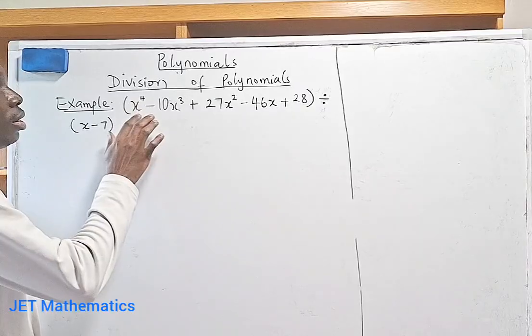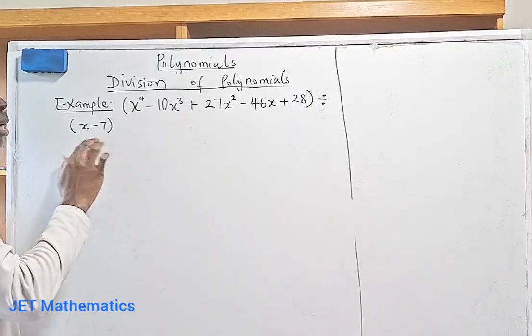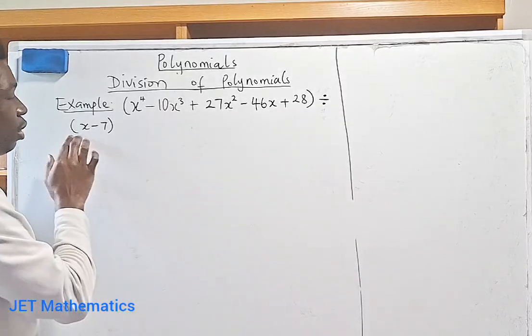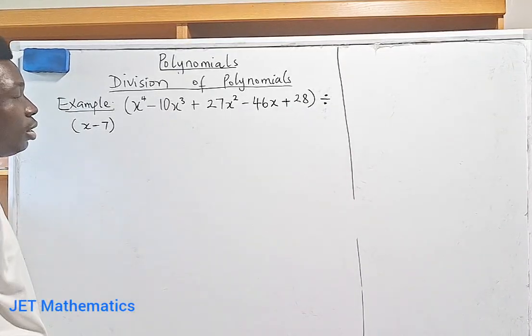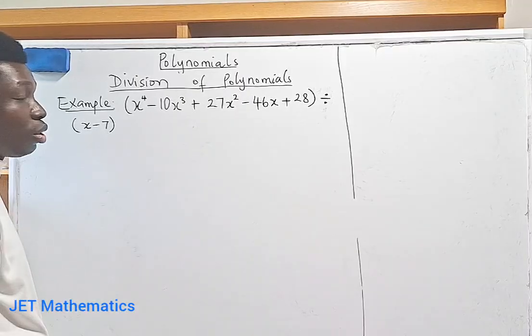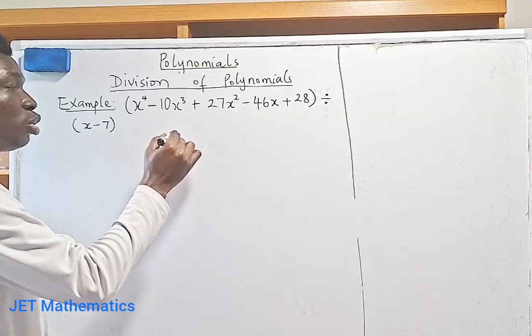Okay, so we have an example on the board. This polynomial is to be divided by this. This is called the dividend, while this is called the divisor. So we'll be using the long division method. Solution.